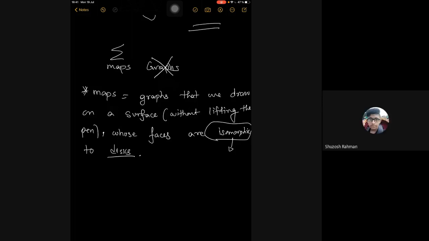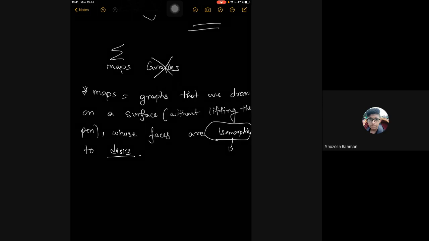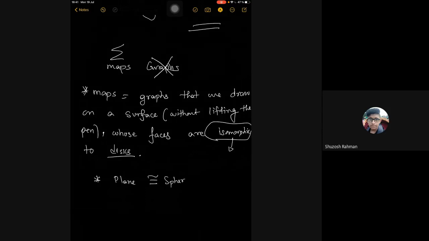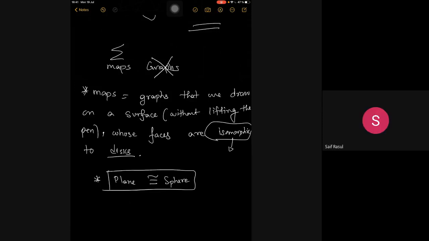Being the same shape or form or something. Yes, they're being the same. For example, a plane is isomorphic to a sphere. There's a bijective map between them.